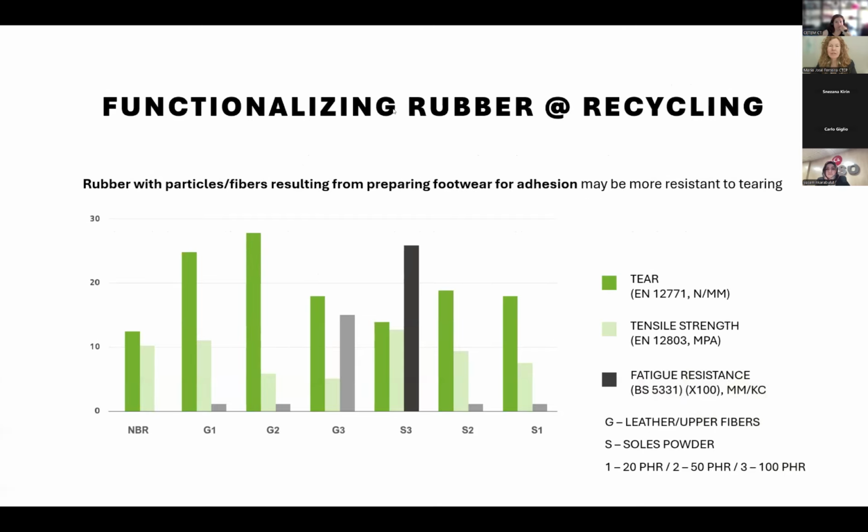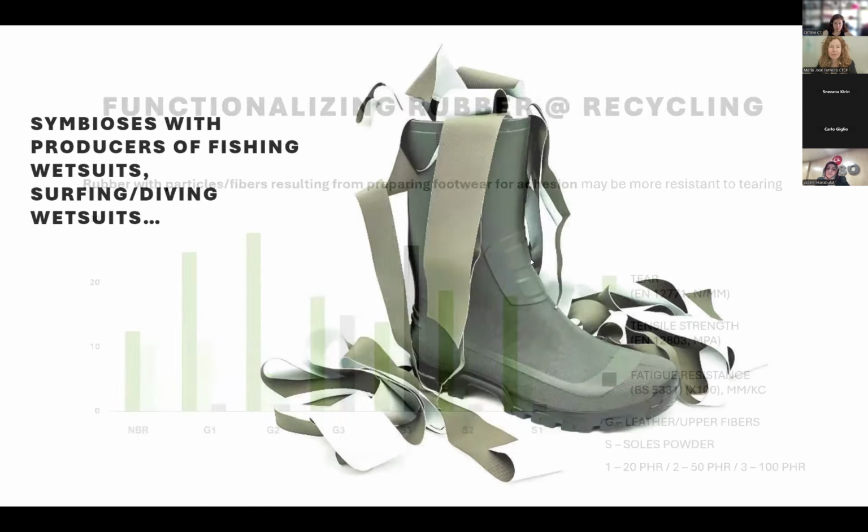In all the cases, of course, we try to functionalize. In this particular example, you see the dark green bars. This is rubber that has been composed with fiber resulting from footwear production, namely leather, and you see the increase in tear strain. This is an important result for rubber, for soles, and other applications.